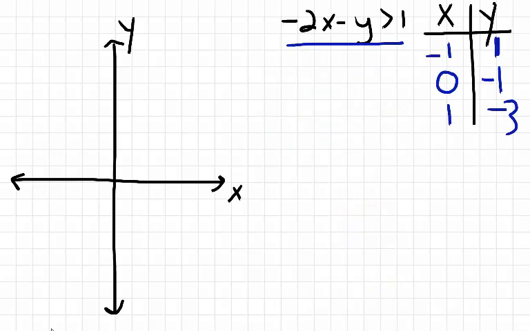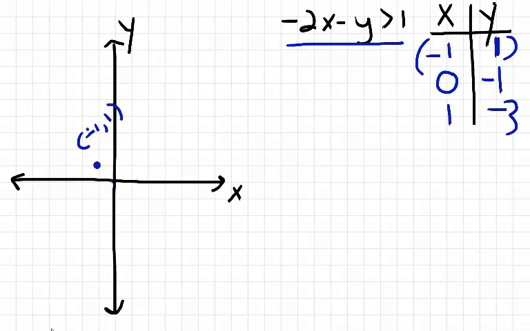So now we have 3 ordered pairs to graph on our coordinate grid. Our first ordered pair is -1, 1. So if I start at the origin, move left 1 and up 1, that's my first ordered pair, -1, 1.